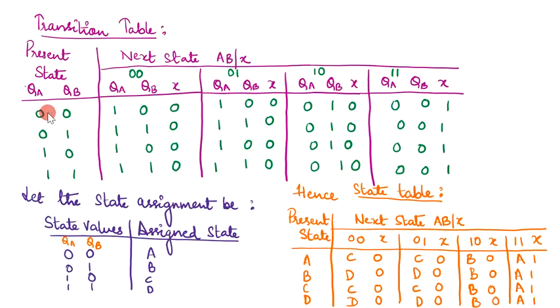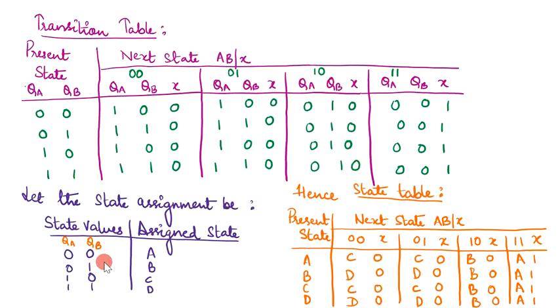Remember, when you're watching QA, you have to watch A and B and X and fill in the content only for QA plus. That is the next state QA. Okay. When you want to fill QB, you have to watch QB next state, A and B, and then fill in for QB. So same thing follows for all of them. Finally, you have the state assignment that needs to be done.